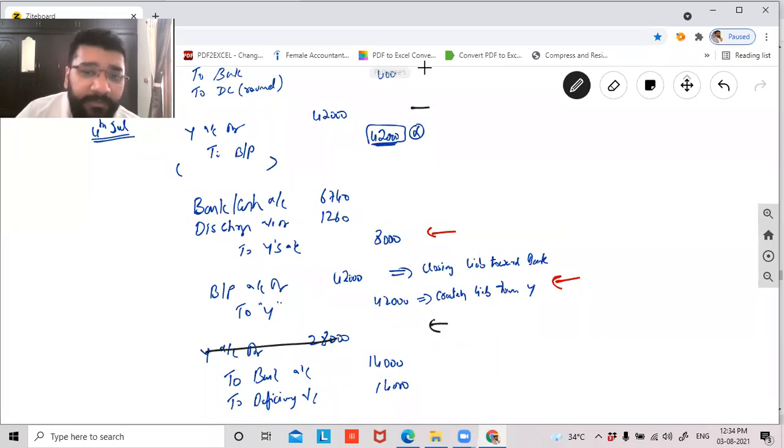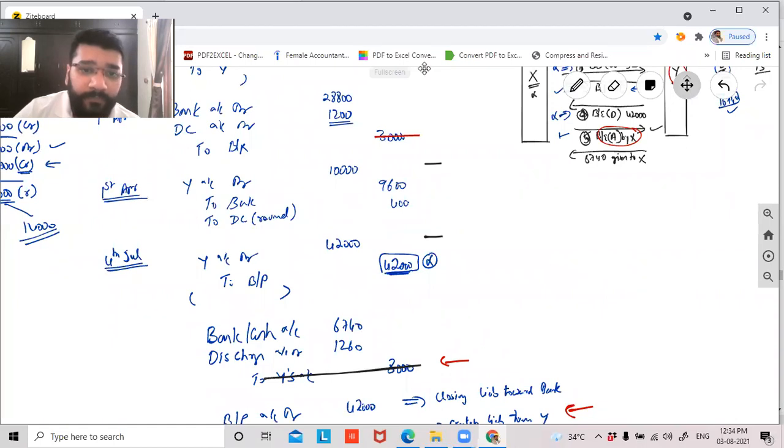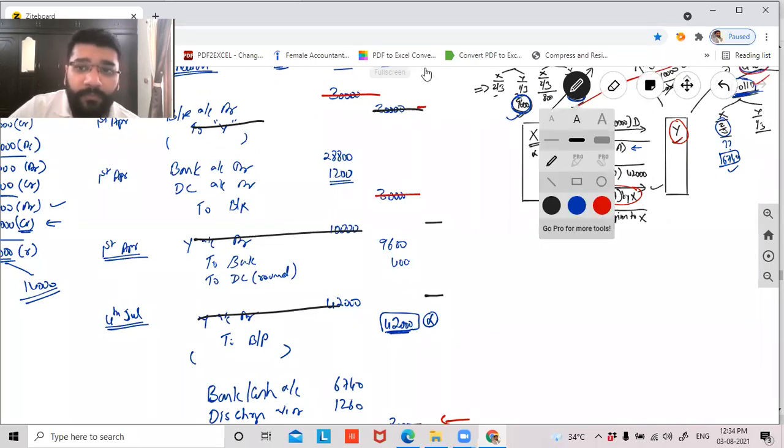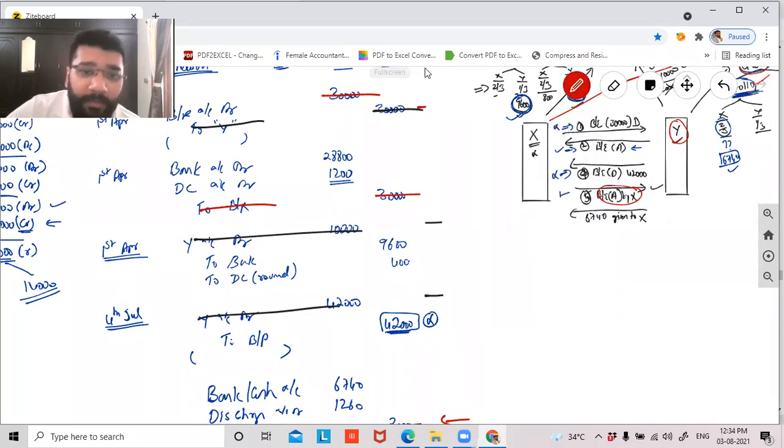So guys, even Y's account is settled. Y's ledger is also closed. Yes, are you able to follow or not? Now, guys, is there any other amount that is to be checked? Bills payable. Yes, bills payable, guys, 42,000 was in the credit.